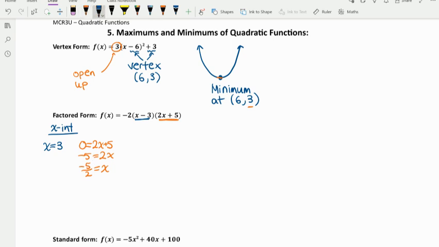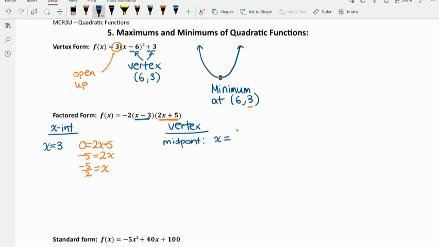So recall, just think back to the assignment you were doing yesterday. If you have the x-intercepts, you can find the midpoint to help you find the vertex. So we'll do the exact same process. To find the vertex, you find the midpoint between the x-intercepts, or find the average.